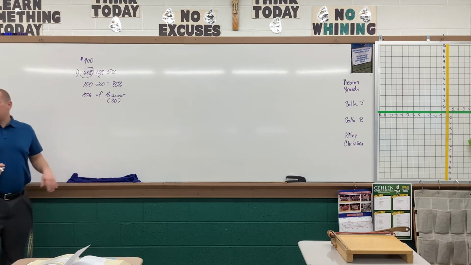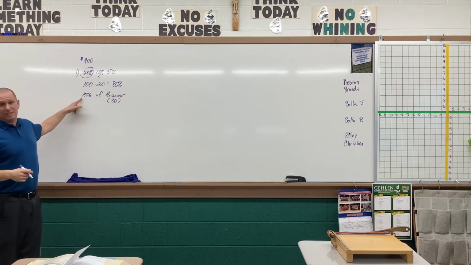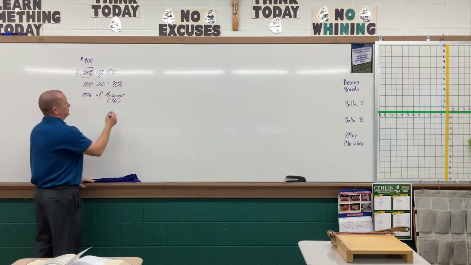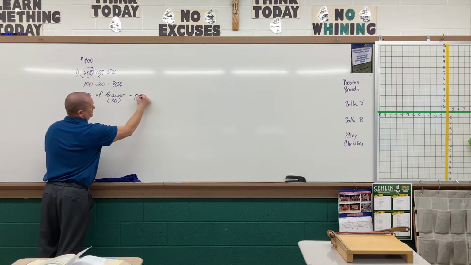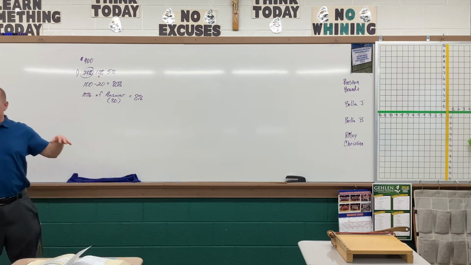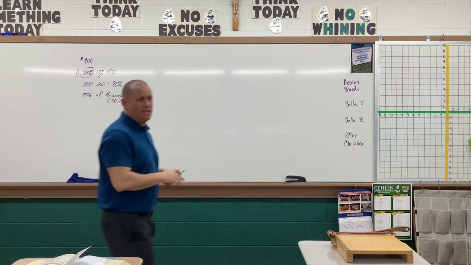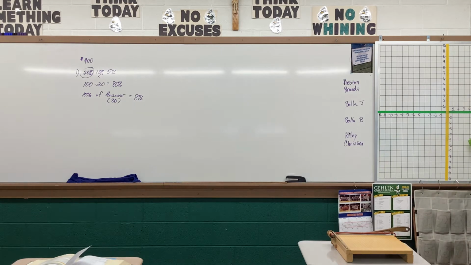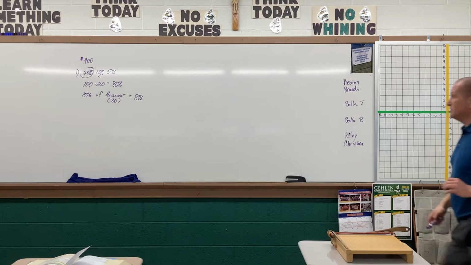So what's 10% of 80? Basically, we're just taking 0.1 of 80. So that would be what? 8. So this would be 8%. And then basically you're going to do that process all over again, okay? So the second one, we get to there. The third one, you're going to take 5% of whatever is left over.